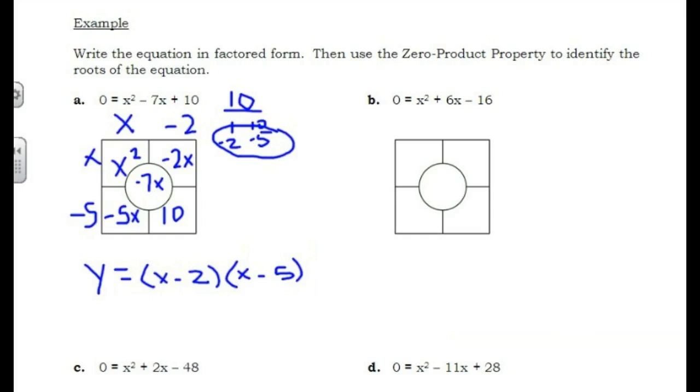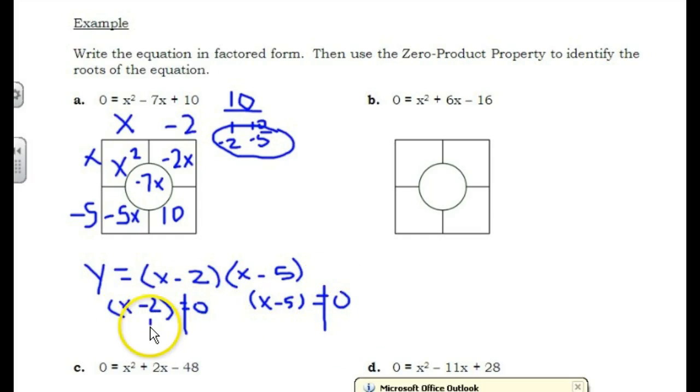I've completed this part of the example. Then I need to identify the roots. So to do that, we're going to take this piece of the equation and write x minus 2 equals 0. We're going to take this part of the equation and say x minus 5 equals 0. And then we will solve.